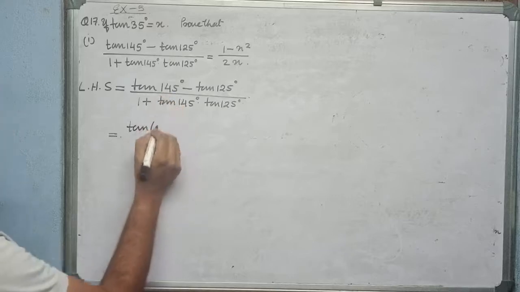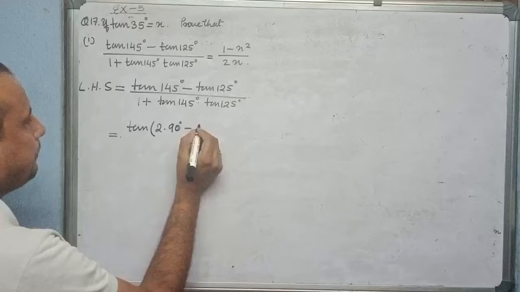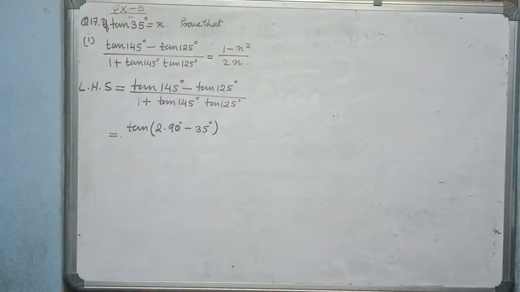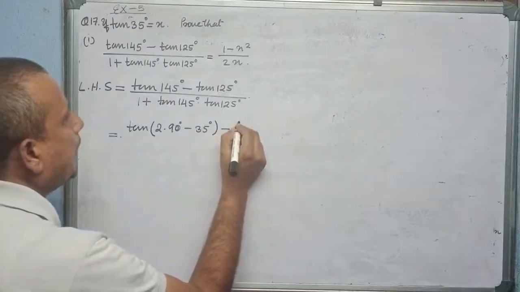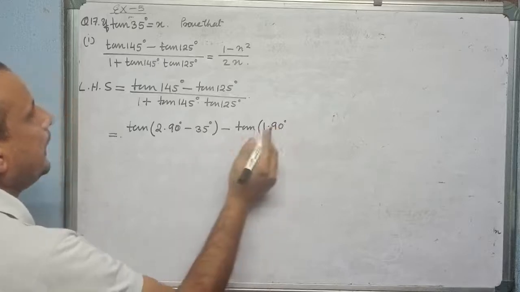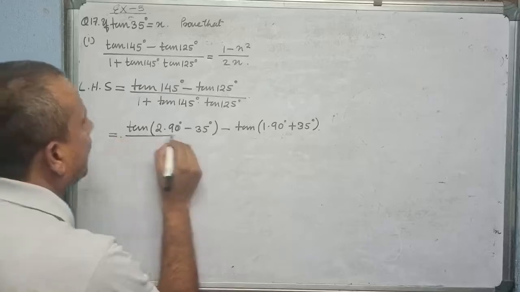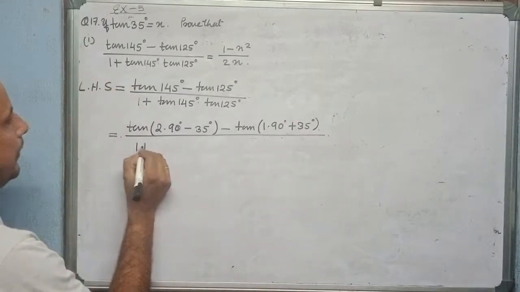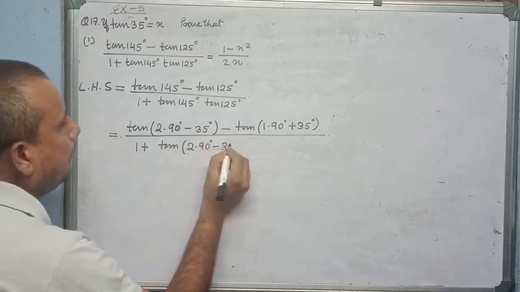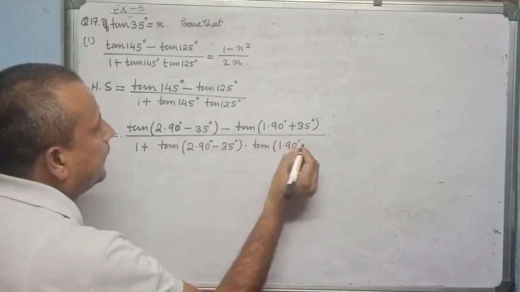Tan 145 means we can write 2 into 90 minus 35, since 180 minus 35 is 145 degree. Minus tan 125, we can write 1 into 90 plus 35, which is 125 degree. Similarly, the denominator also I'll write 2 into 90 minus 35, tan 1 into 90 plus 35.